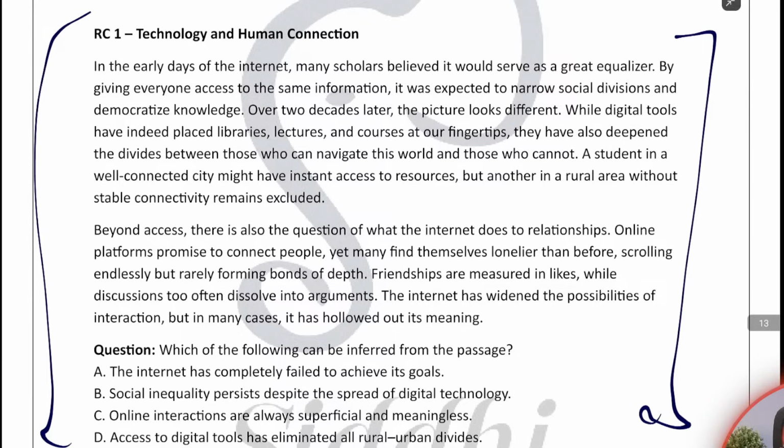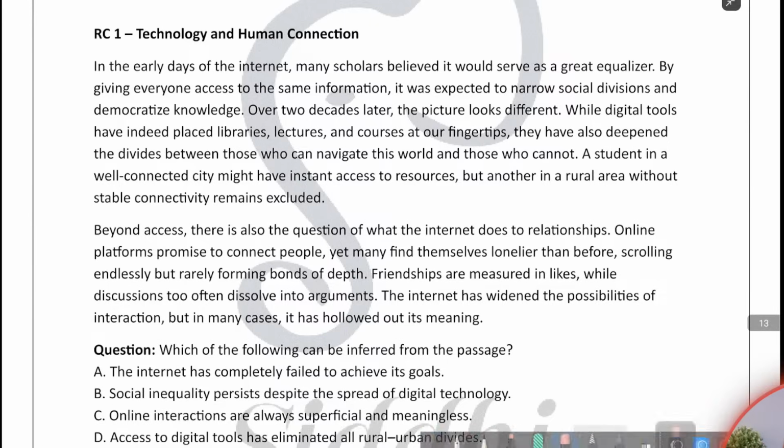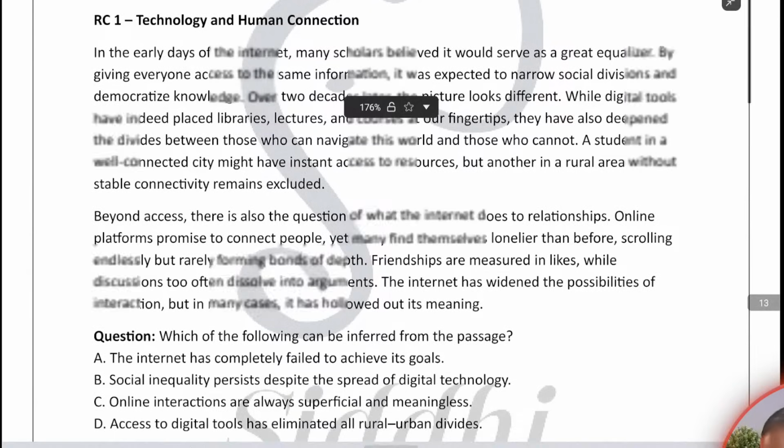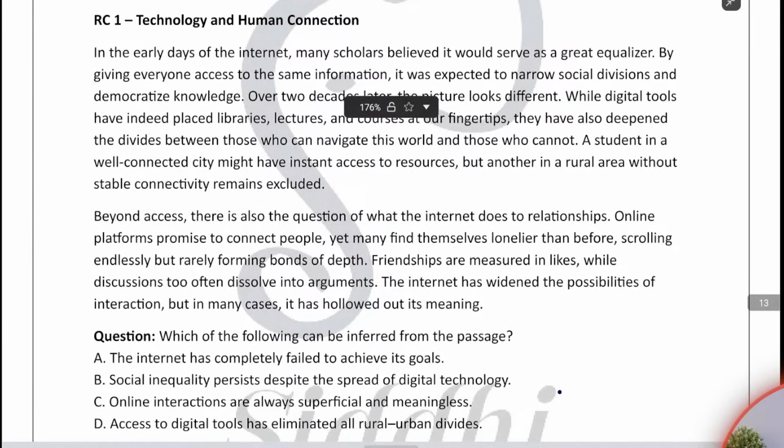Again. Is C correct again? Acha, B. Okay, let's see. B or C, let's spend a minute and see. In early days of the internet, there were so many scholars who believed it would be an equalizer.